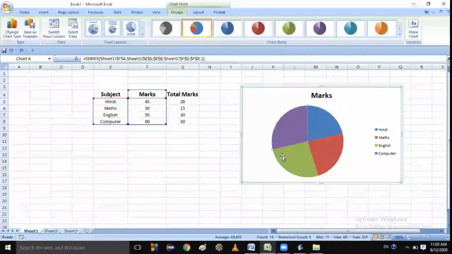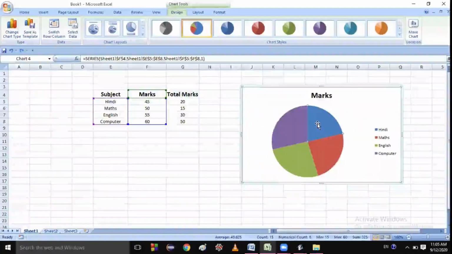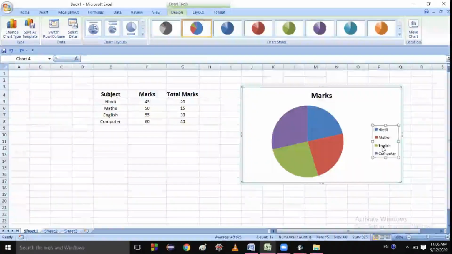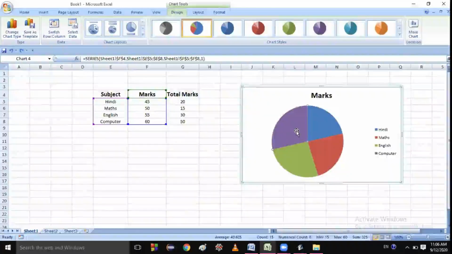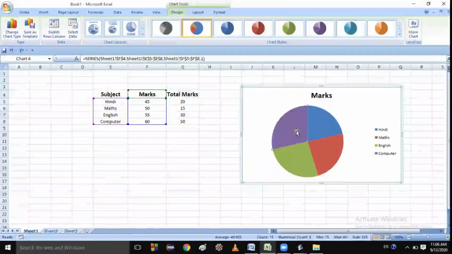So you can watch, students. Hindi is having this portion, and mathematics is having just greater than Hindi, and English is having 55, just greater than this one, and computer is having the big area of this circle. Are you able to see this one? Yes.